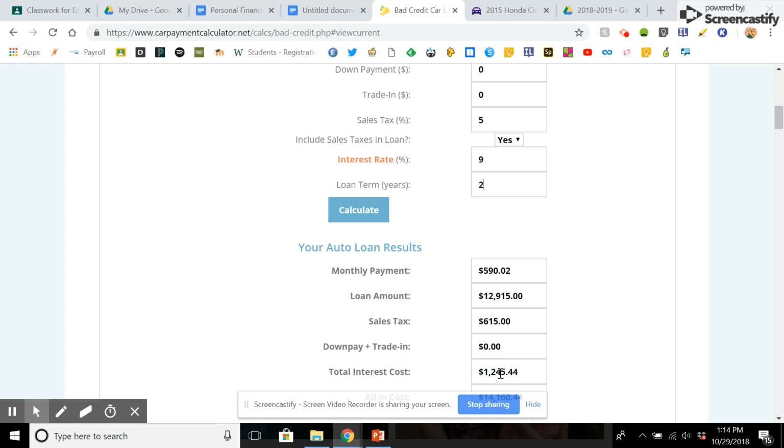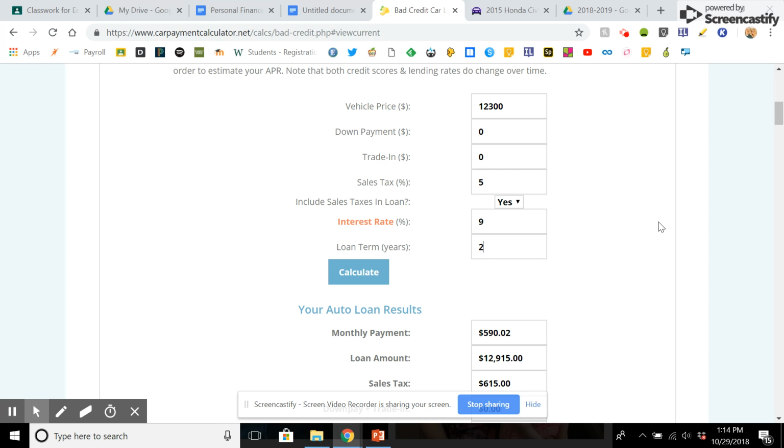But look, I only pay $1,200 in interest. So basically the moral of the story is this. The shorter you pay on the car, the better it is for you. But if you cannot afford to pay high monthly payments, then a good option is to do a longer term and to do a smaller monthly payment.